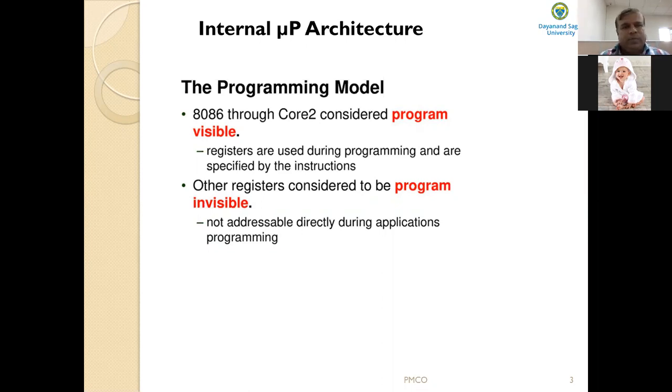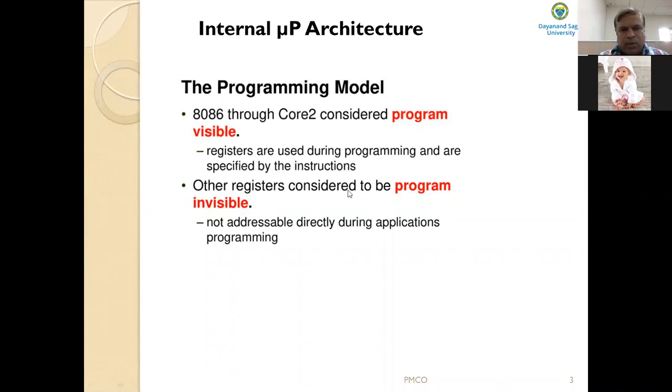So note here, the programming model of the 8086 through Core 2 microprocessor is considered to be program visible, because its registers are used during programming and are specified by the instructions.